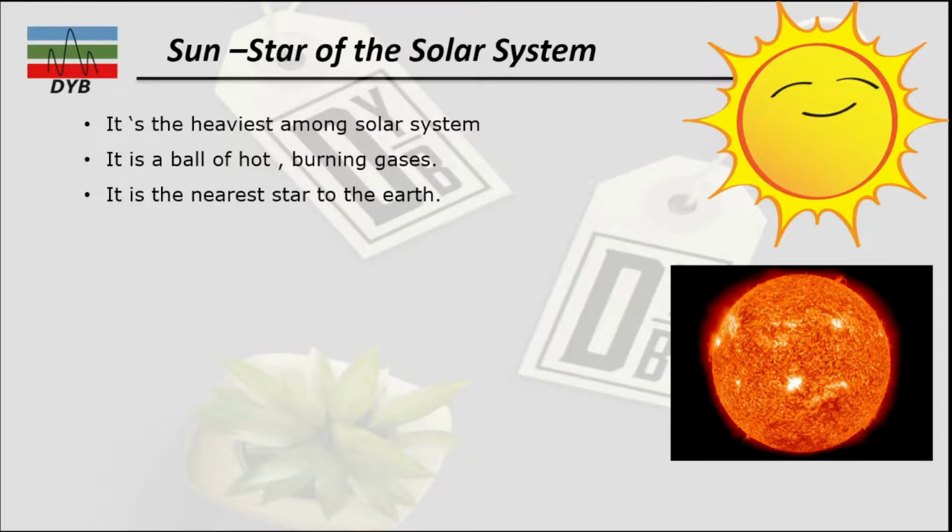All the planets like Jupiter, Saturn, Uranus, and Neptune are smaller than the Sun. Even if we combine all the masses of the planets, it's still not bigger than the Sun. It is a ball of hot burning gases, and it is the nearest star to the Earth.